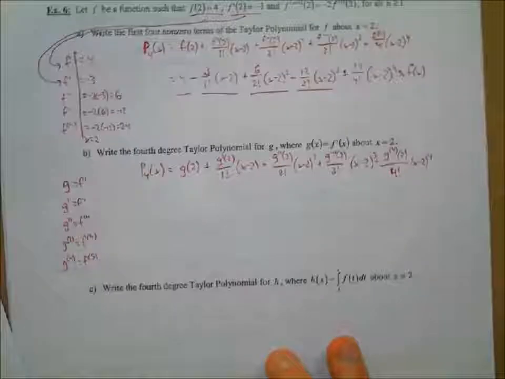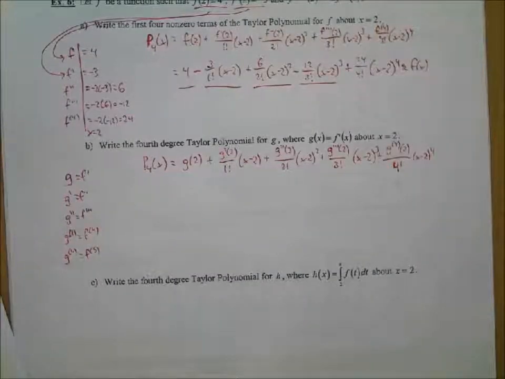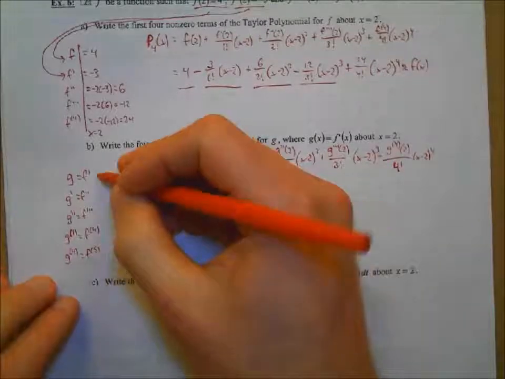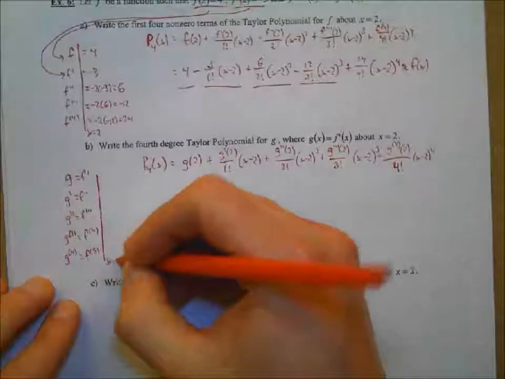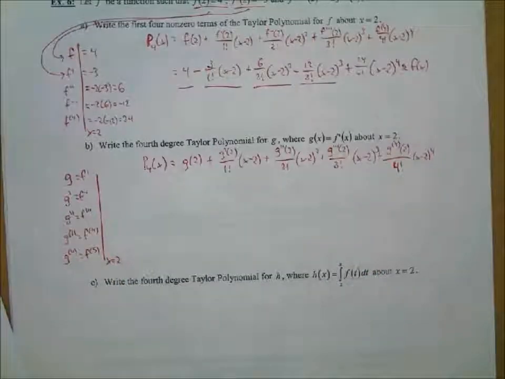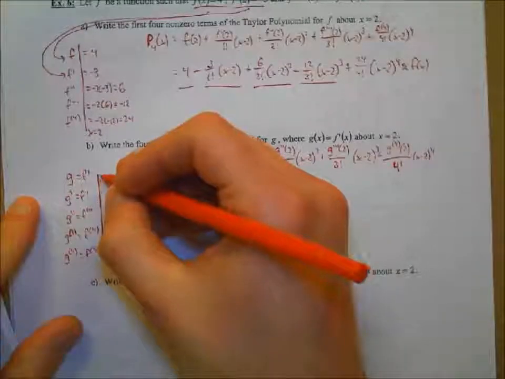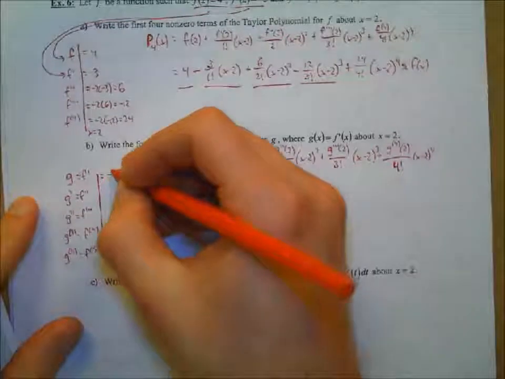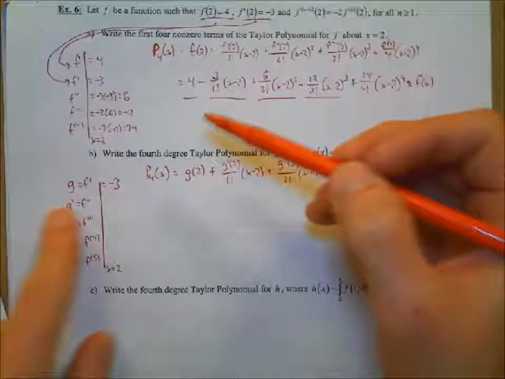Because g is f prime, we keep taking those derivatives and we'll just keep following along with one another. And we're going to evaluate all those at x equals 2. You all correctly identified g at 2, which equals f prime at 2, would be -3, because we know f prime at 2 was -3.